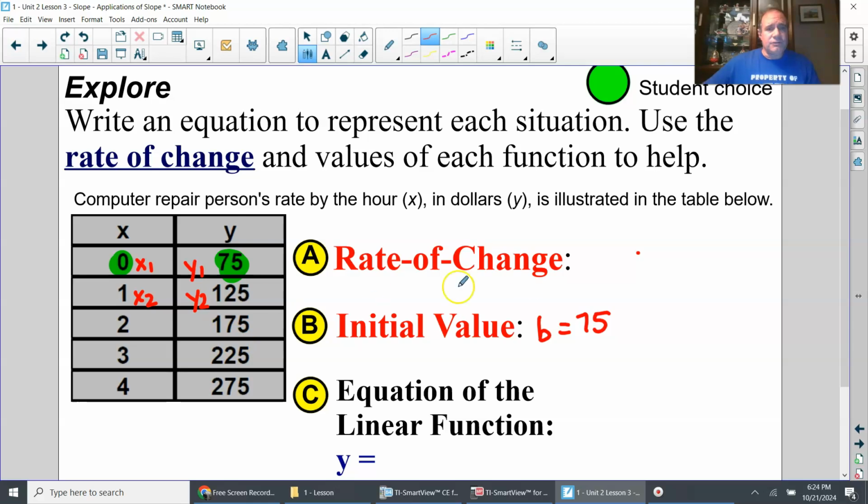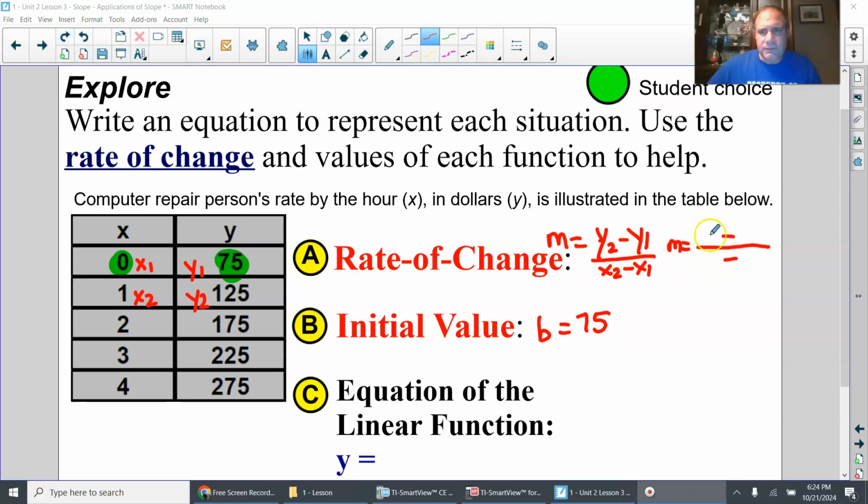The rate of change, we are going to do m equals y2 minus y1 over x2 minus x1. And we're going to just put down m equals, and then we're going to do, let me move this over, just like that. Y2 is 125.